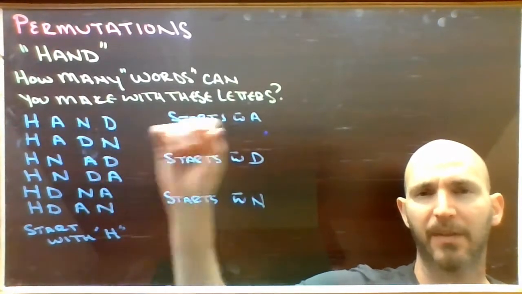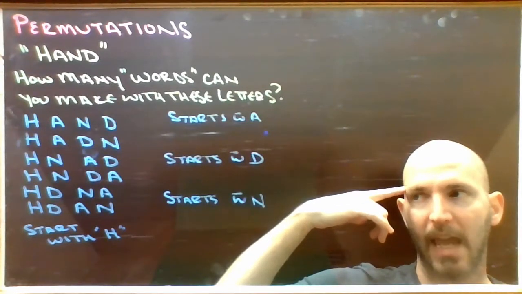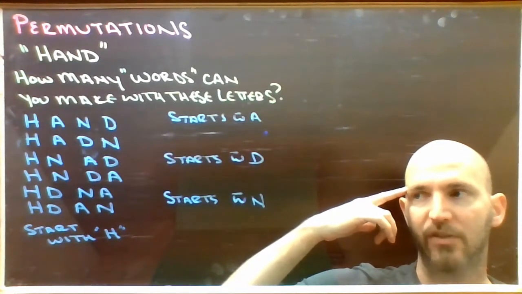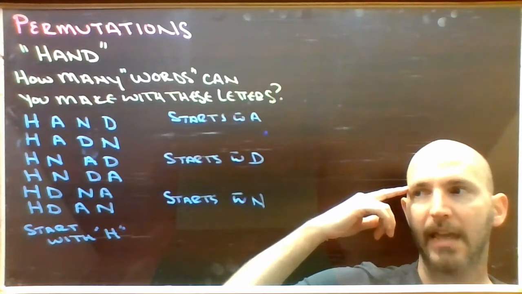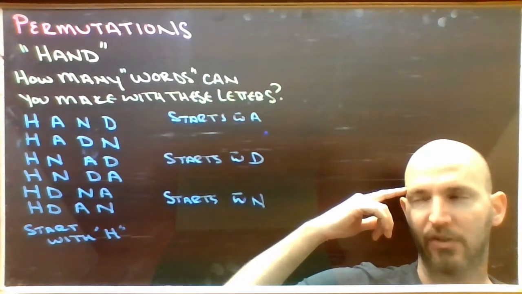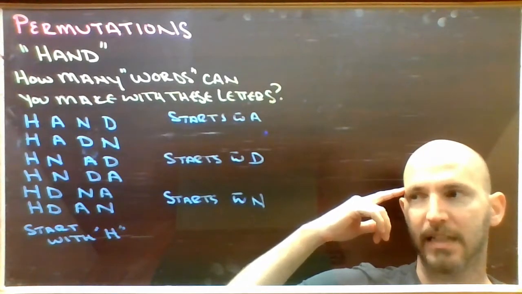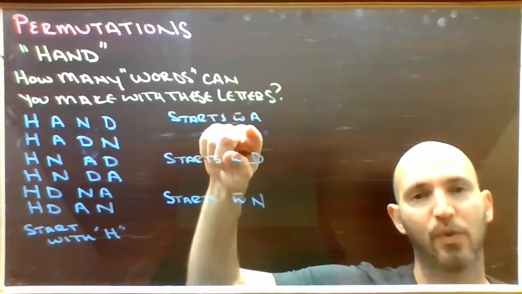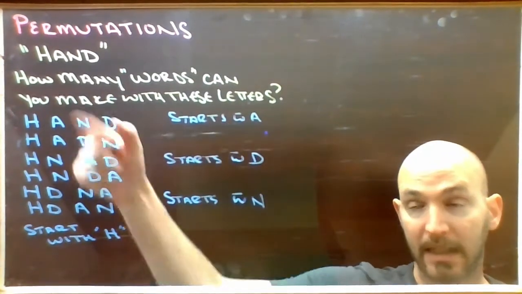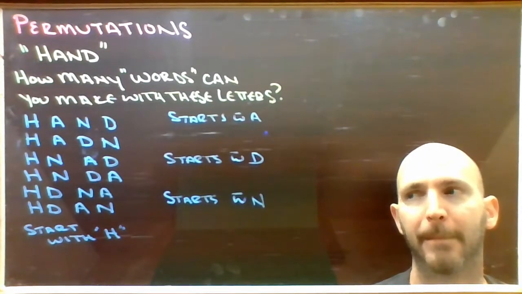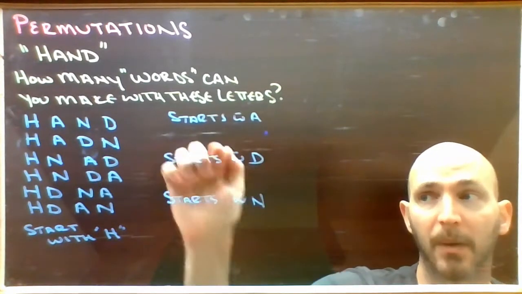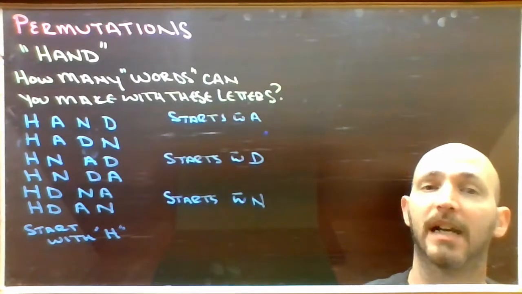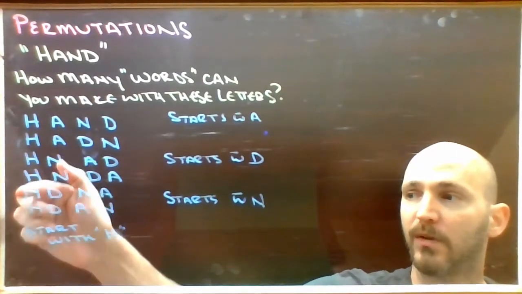So if I went through and did these combinations, it would be A-H-N-D, A-H-D-N, A-N-H-D, A-N-D-H. I'm just replacing the H and the A because I've switched who gets to be priority in this list. There's going to be the same number in this list as there were in that one. So there's 1, 2, 3, 4, 5, 6.